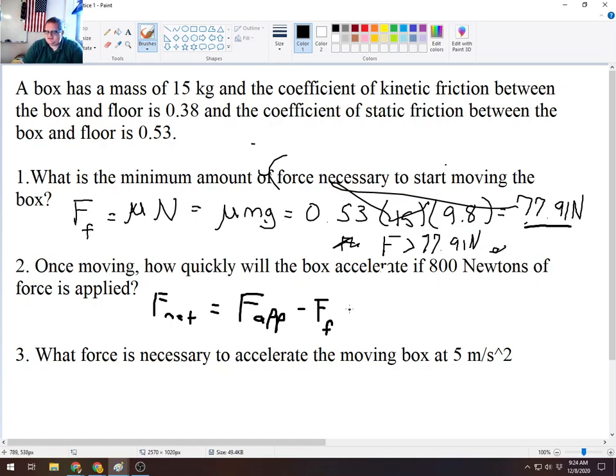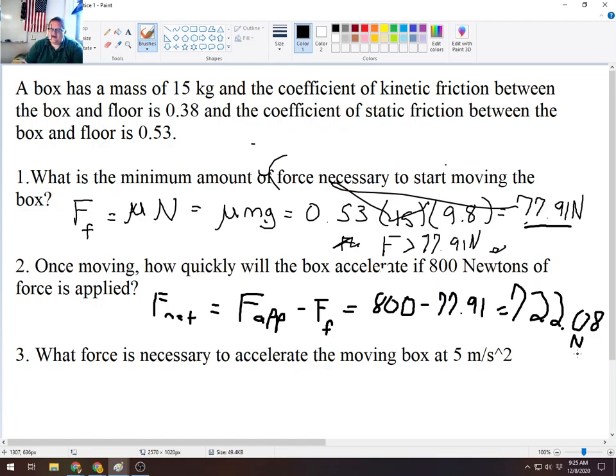So in this case, if I applied 800 newtons of force, the friction would work against me, so I'd have minus 77.91 newtons. So I would find my net force, because they're working opposite, I subtract them, 800 minus 77.91. I get 722.08 newtons.